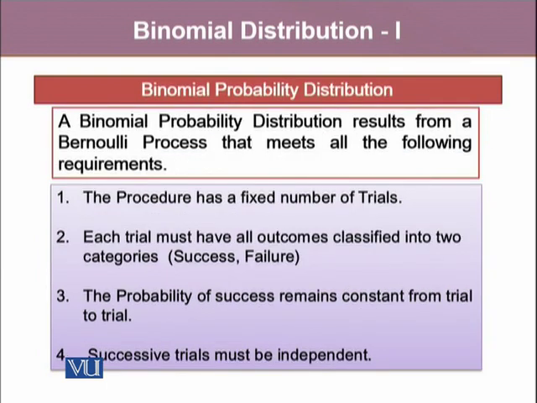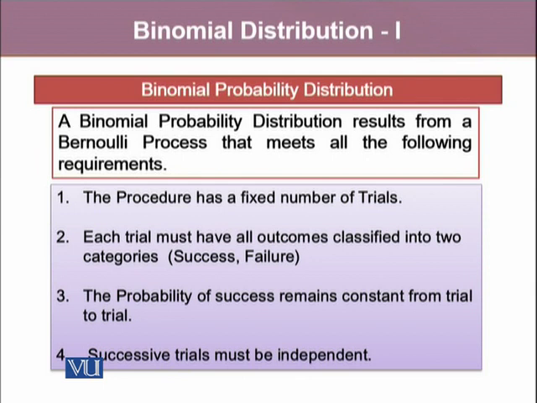A Bernoulli process gives rise to a probability distribution known as the binomial probability distribution, which requires almost similar type of conditions as of Bernoulli process, but it adds one more. What it says is that for the binomial distribution, 4 conditions should meet.